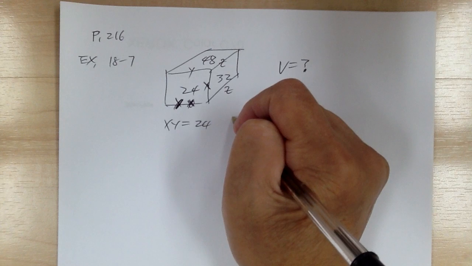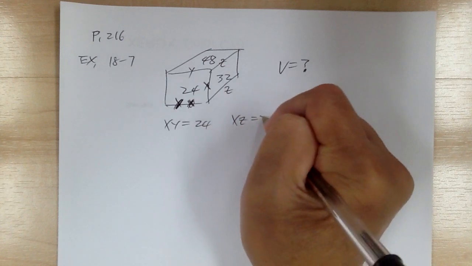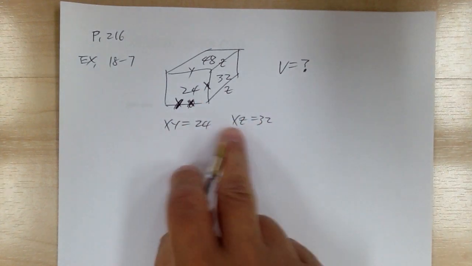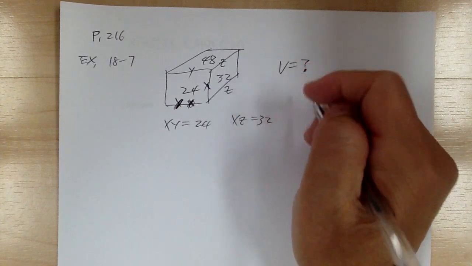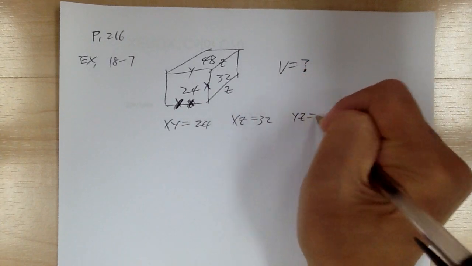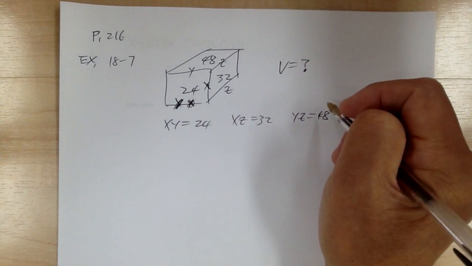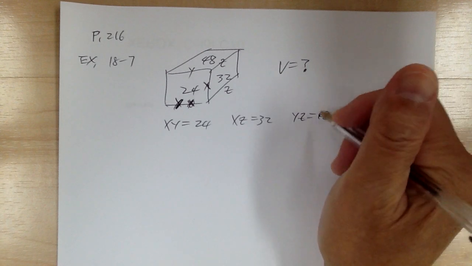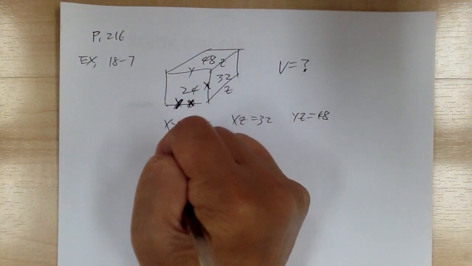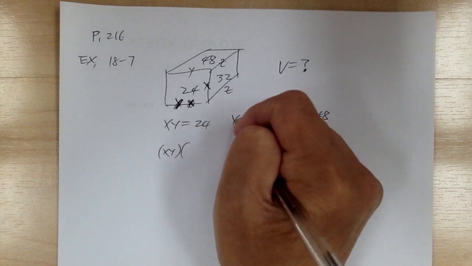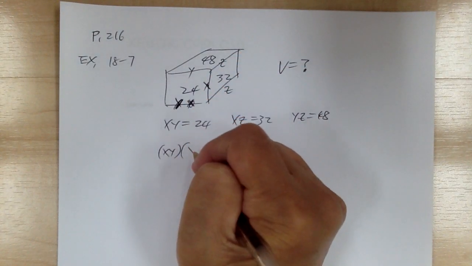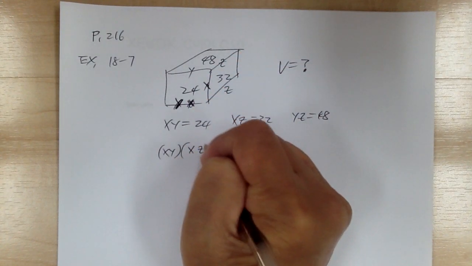So xz equal to 32. It doesn't matter which one is which, they're interchangeable. And yz equal to 48. So what you want to do is multiply all of these together. The trick is to multiply all together and take the square root.